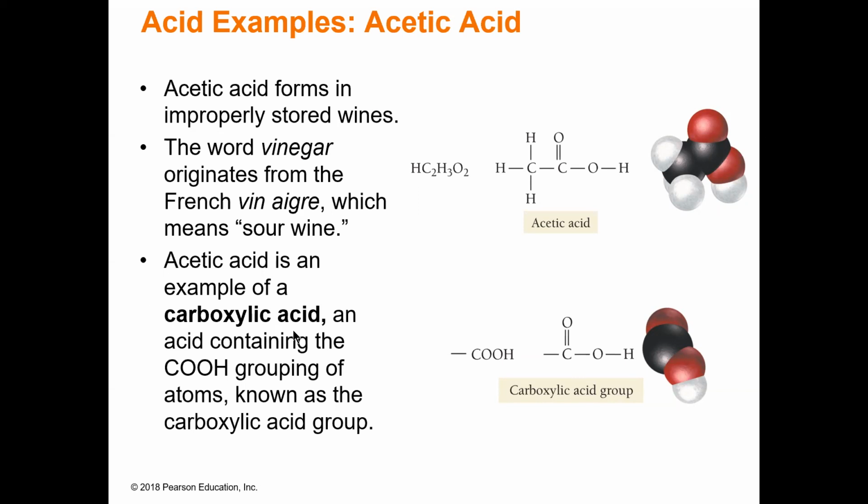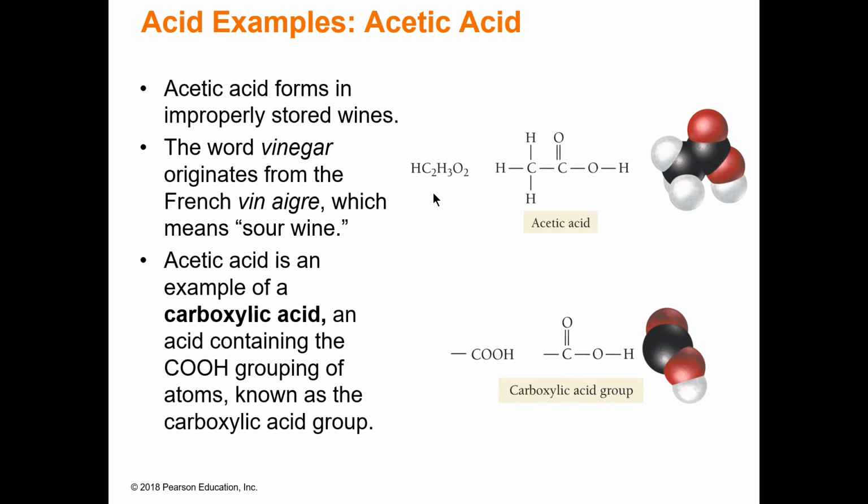But if it has this thing right here, we call it the COOH, C-O-O-H, or it's a carbon that's double bonded to an oxygen, single bonded to another oxygen that's bonded to a hydrogen. This formation here is known as a carboxylic acid group. So looking at this molecule here, we can see in the acetic acid, the COOH group is happening right here. So it's a COOH group that is pretty much attached to what we would call a methyl group.